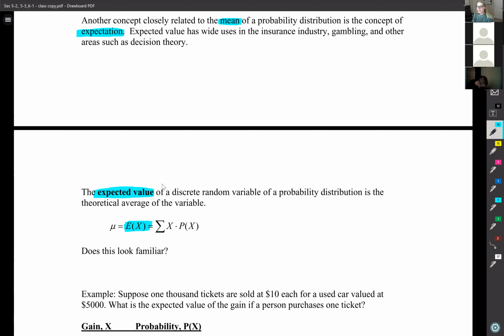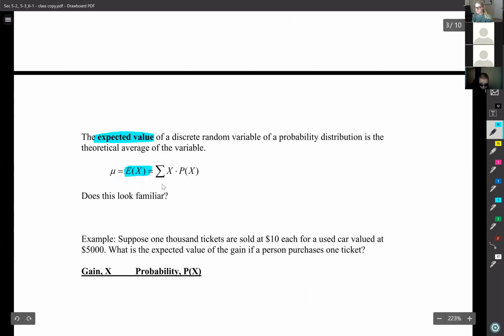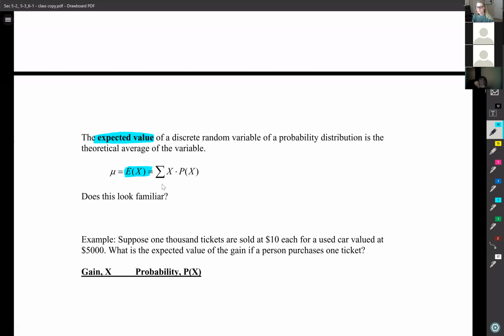Does this look familiar? So anyone want to tell me what this looks like that we've already done today? So the formula for this is x times p of x, and you sum all of those up.